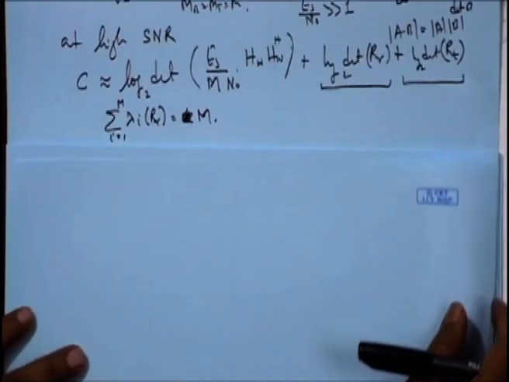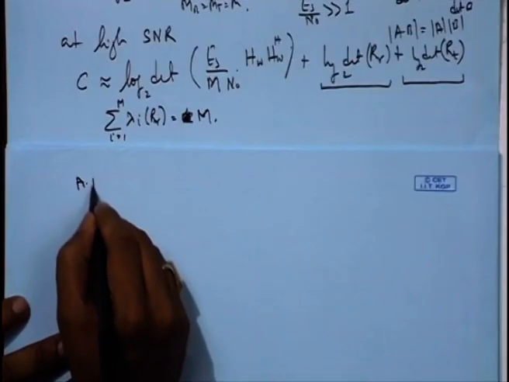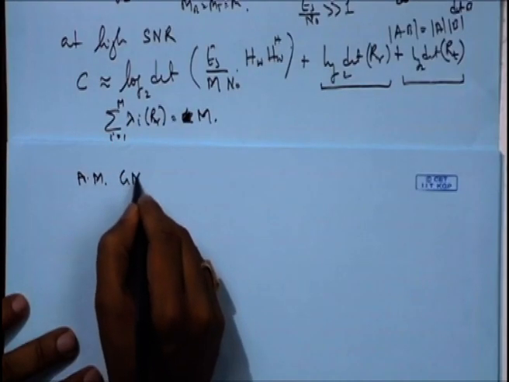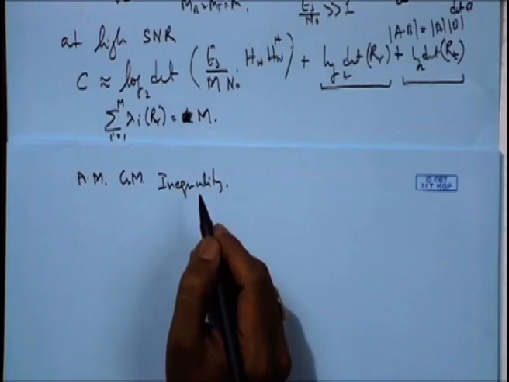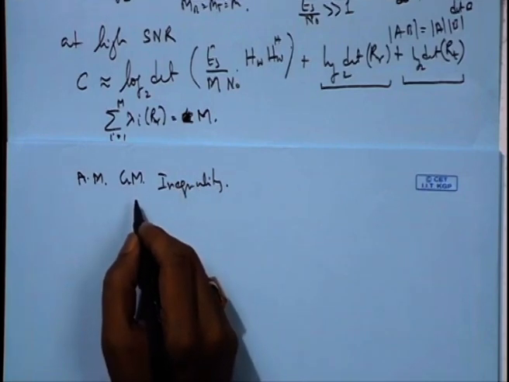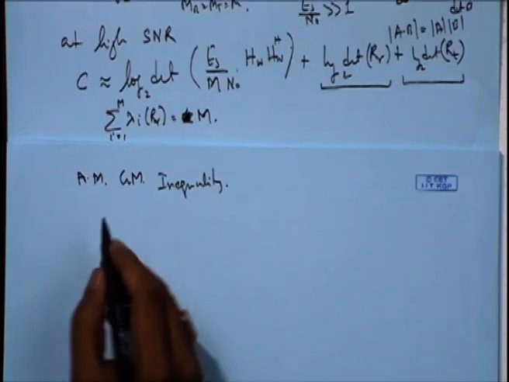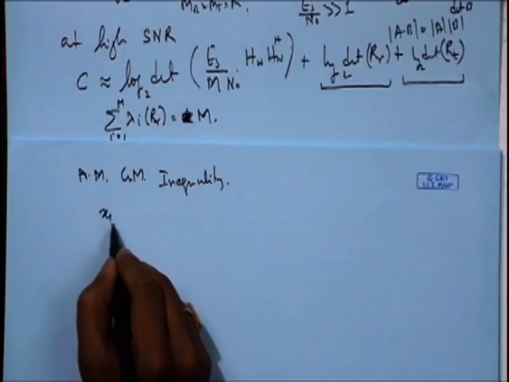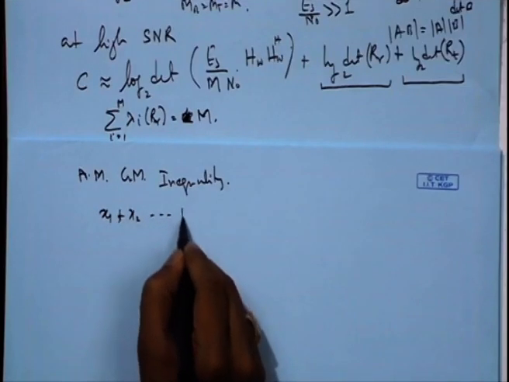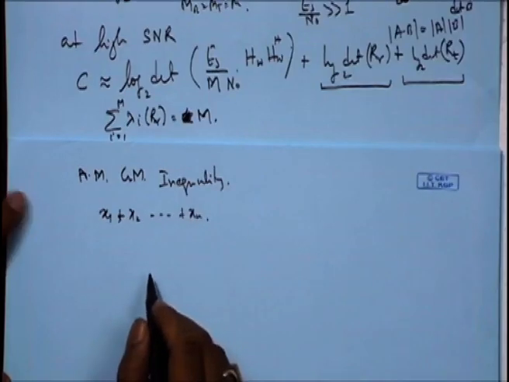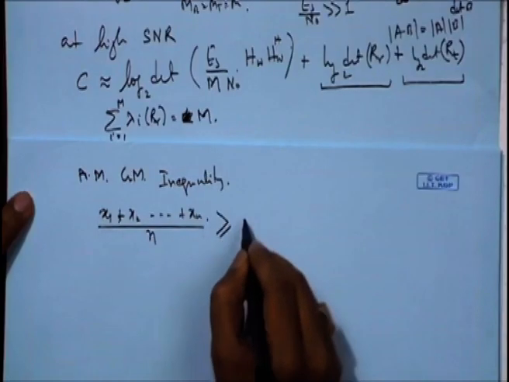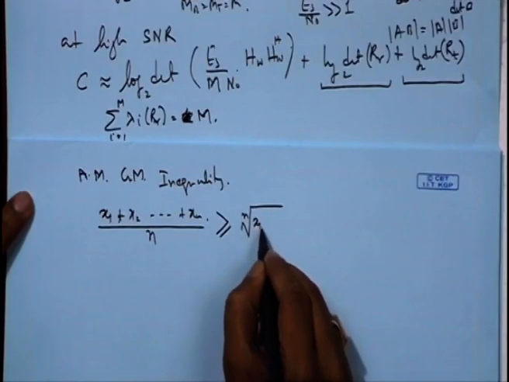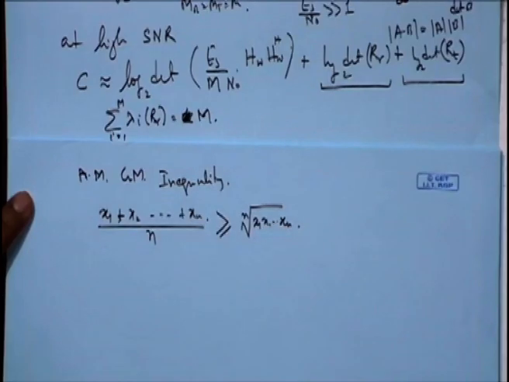So now we will use one inequality, the arithmetic mean geometric mean inequality, known as AM GM, to our aid. When we use the arithmetic mean and geometric mean inequality, what we get is that if there is x1 to xn, a set of numbers, and we take the average, we will find it to be greater than or equal to the nth root of x1, x2 up to xn.